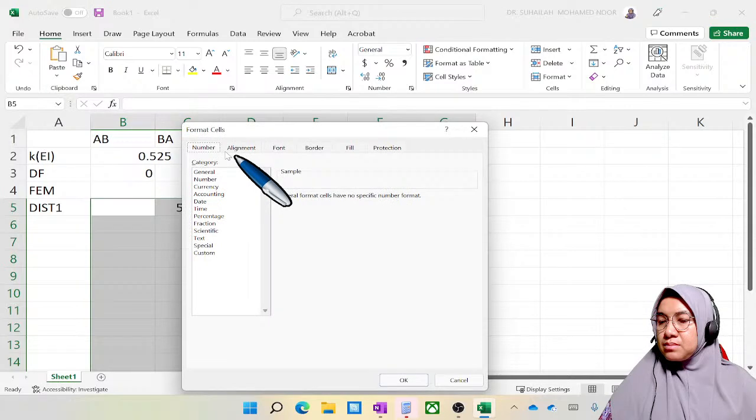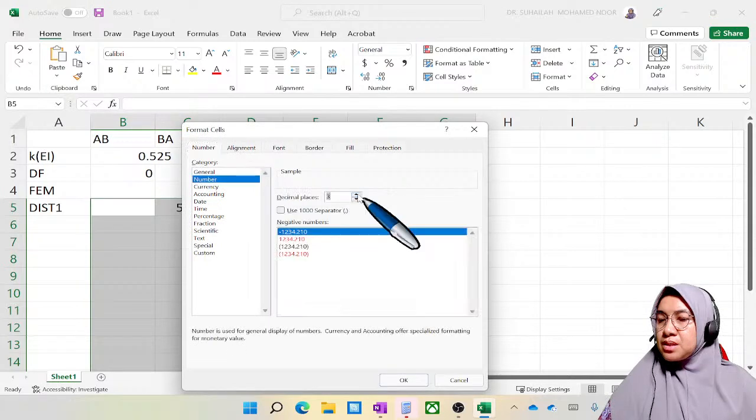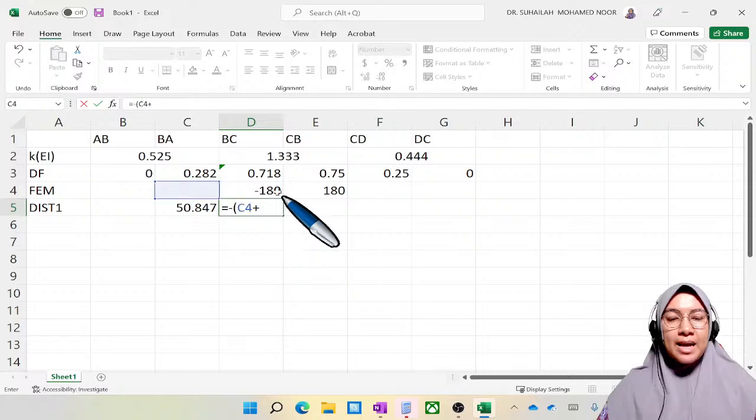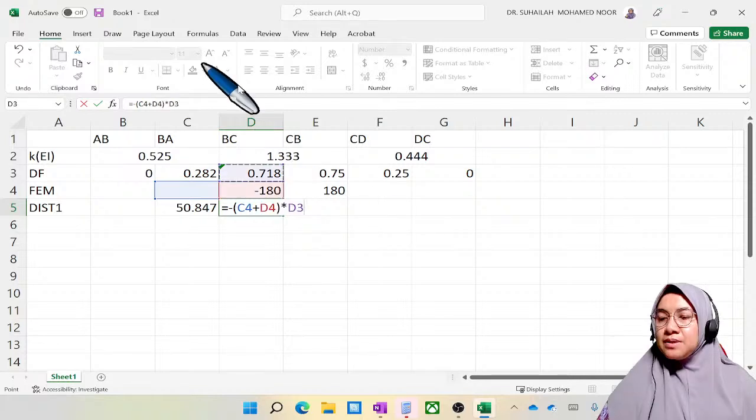For number, decimal places is 3. Negative total moment 0 plus this, times the factor.